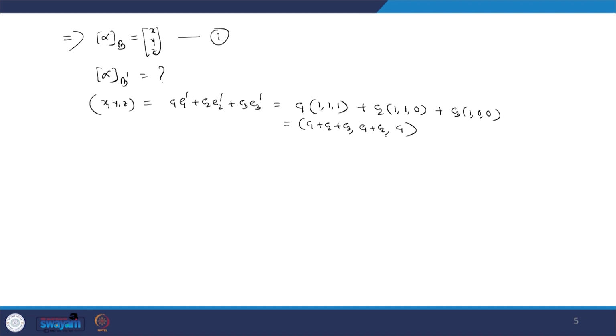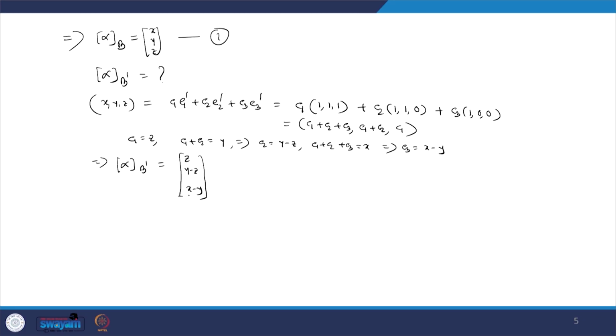So, comparing this, I am getting the equations: C1 equal to Z and C1 plus C2 equal to Y. This implies that C2 is equal to Y minus Z, and C1 plus C2 plus C3 equal to X implies that C3 is equal to X minus Y. So, the coordinate matrix of alpha with respect to ordered basis B prime will be (C1, C2, C3), that is (Z, Y minus Z, X minus Y).